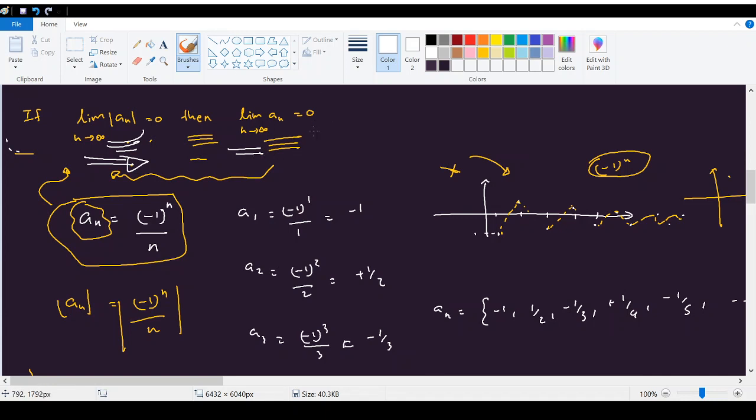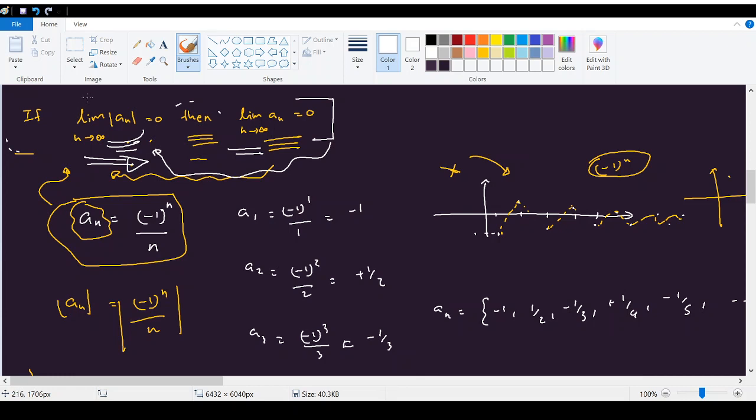We cannot conclude anything about the other side.